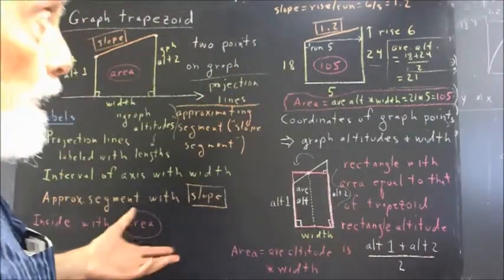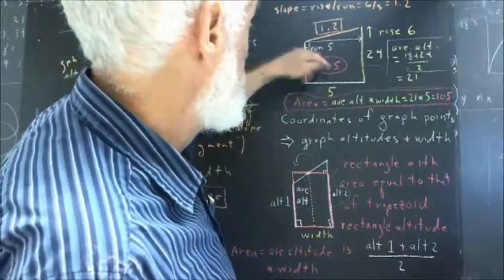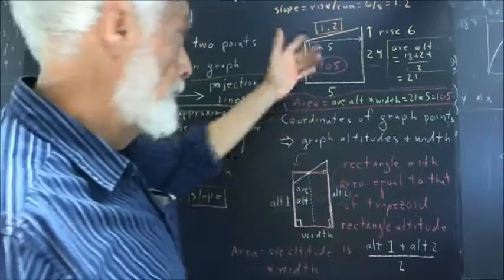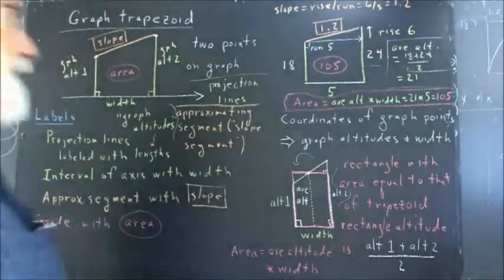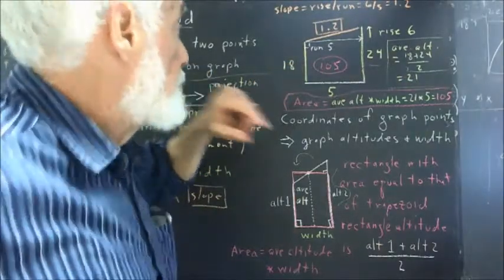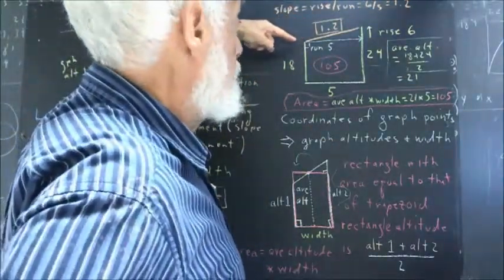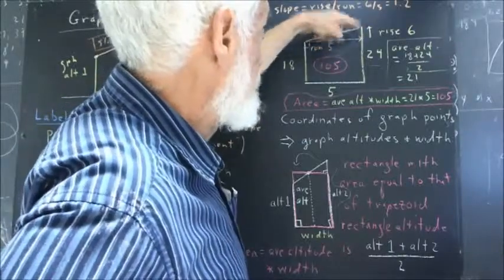Now, hopefully you've not only done these calculations for yourself, but you've gotten a slope of 1.2 and an area of 105. And I hope I'm right as I go through this. We'll see if I maybe made a mistake somewhere, but I don't think so. Okay, so to calculate the slope, we're going to do a run of 5 and a rise of 6.